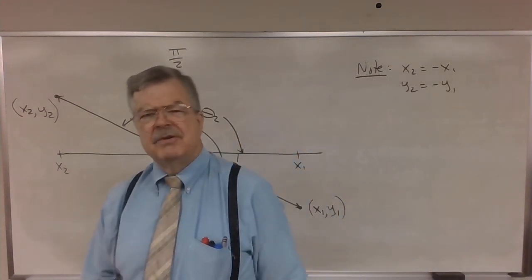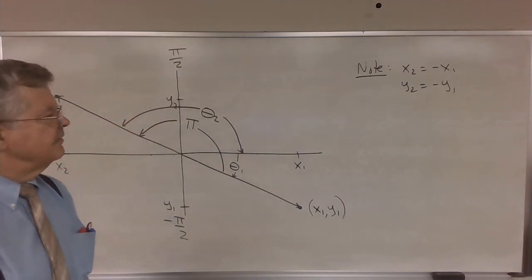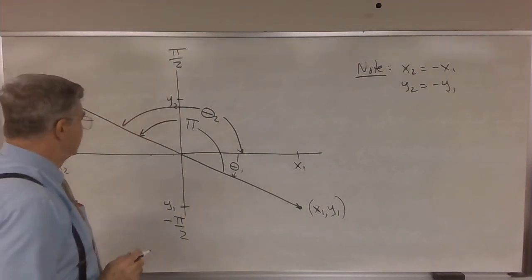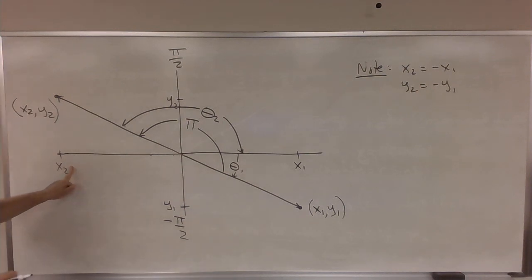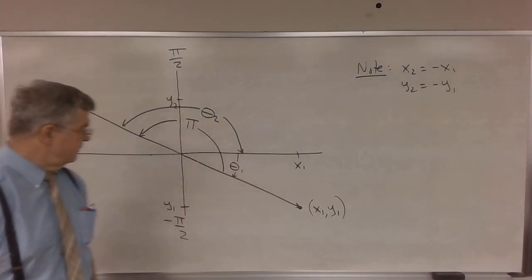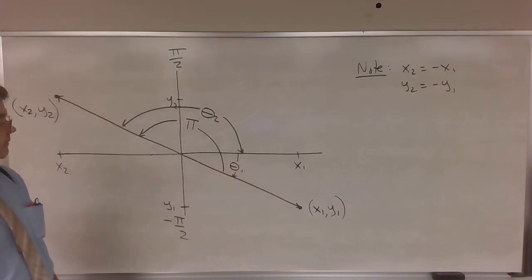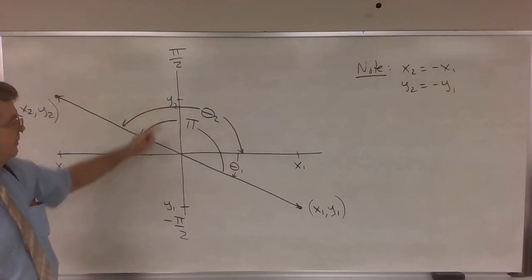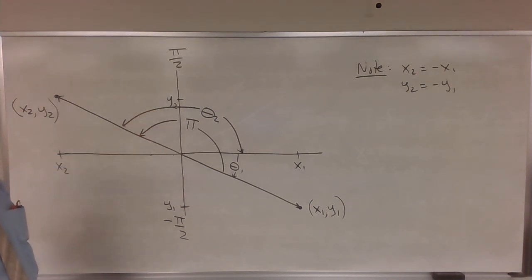The magnitudes of the x and y coordinates are the same. x2 is just the negative of x1, and y2 is just the negative of y1.